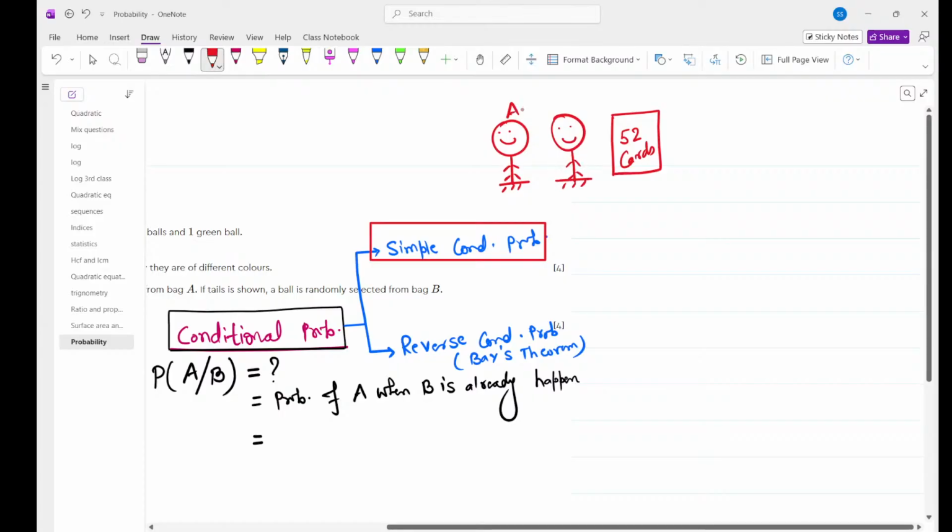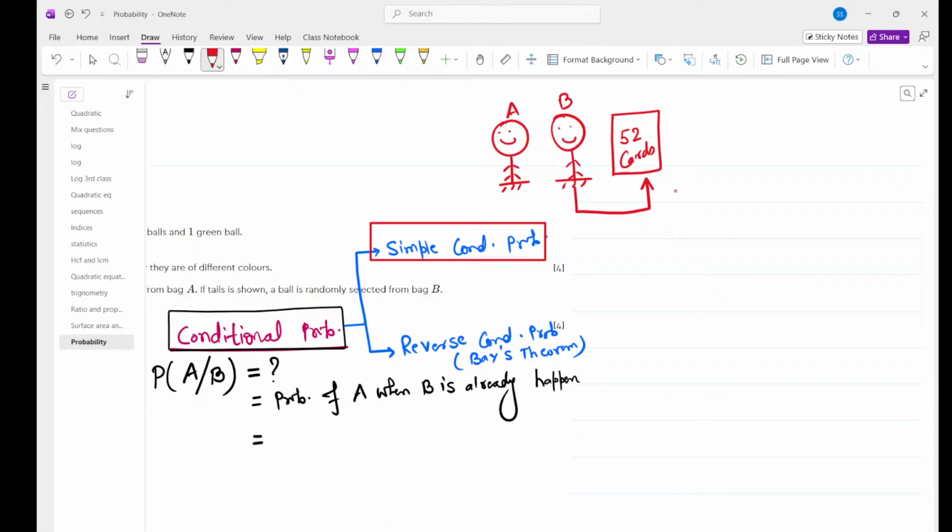Now suppose first B goes and draws any one card, keeps it to himself, and does not replace it.